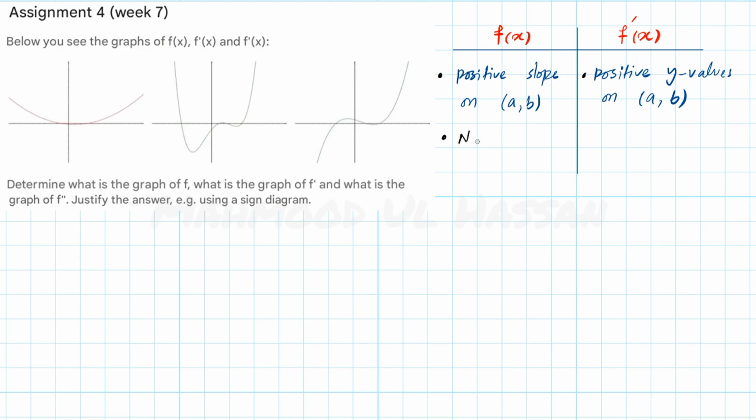The second point is if the function has negative slope on some interval, let's say c comma d, then the derivative of the function has negative y values on interval c comma d.